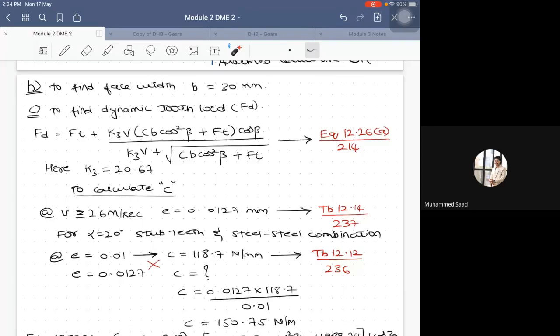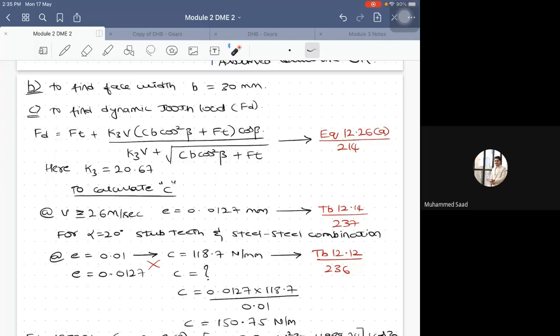Now take that error value and come back to the previous table, which is 12.12, on the previous page 236. Over there, look for alpha equals 20 degrees stub teeth and the steel-steel combination. Choose the nearest value, where error at 0.01 is given as 118.7 Newton per mm.